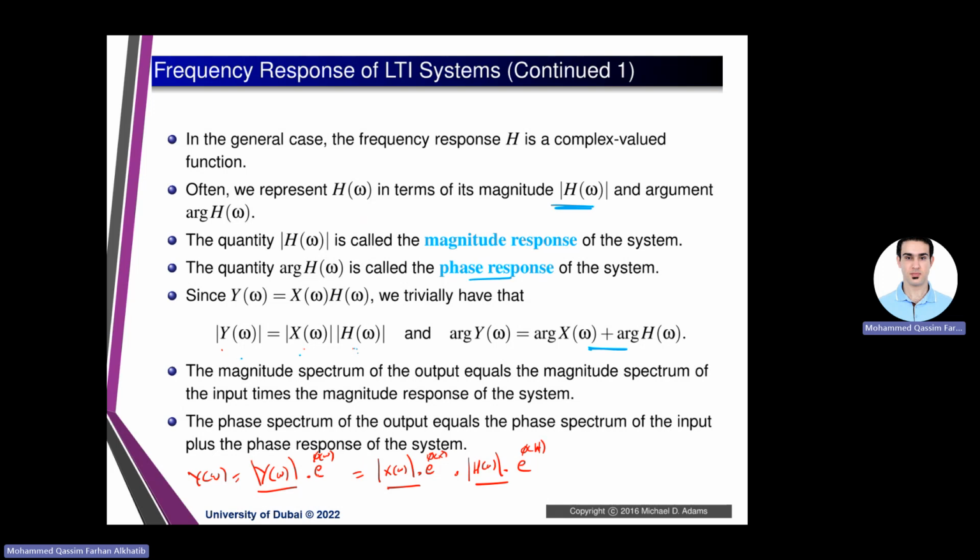Now, when you have multiplication of exponents, that will lead to e to the power phase of x plus phase of h, and that will be phase of y. So that's why the phases will be added, but amplitudes or magnitudes will be multiplied. Is it clear? I'm not going to ask you how to derive it, but keep that in your mind.